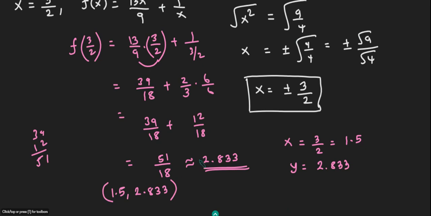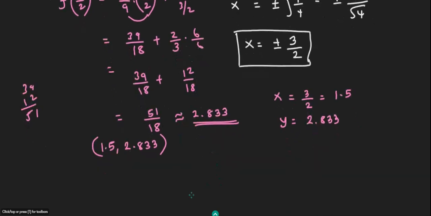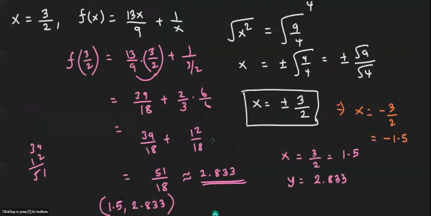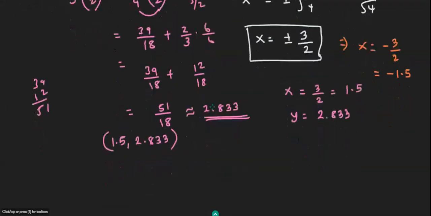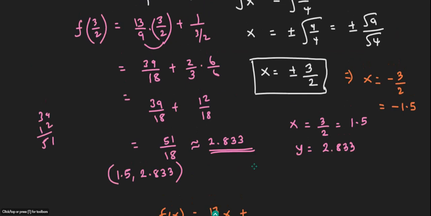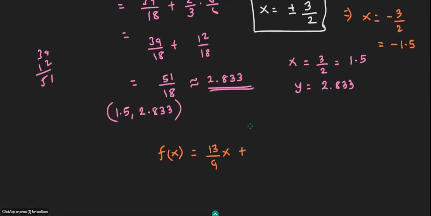Now let's determine the other point by plugging in the second value, that is x equals negative 3 by 2, or we could plug this as negative 1.5. So let's plug it into the f of x, which is 13 by 9x plus 1 over x.